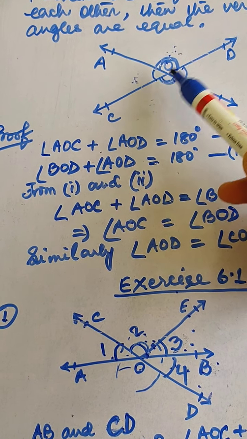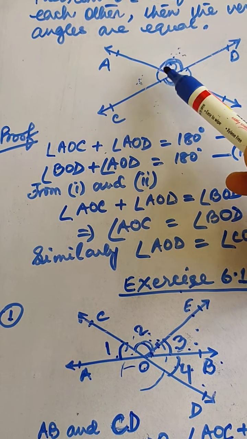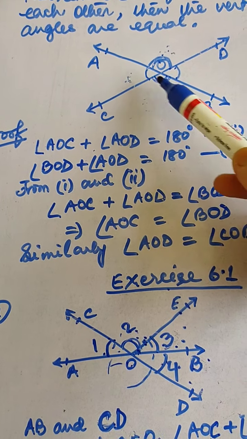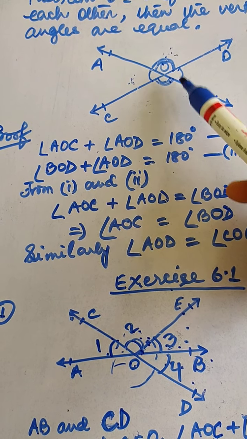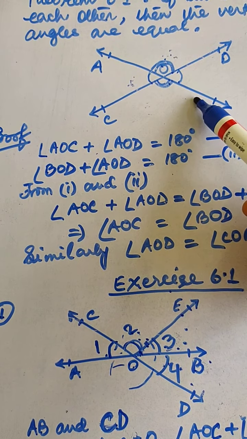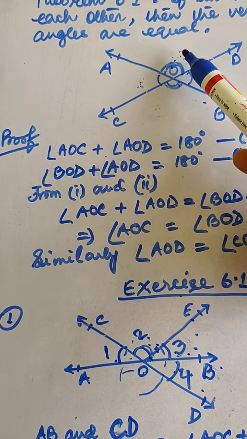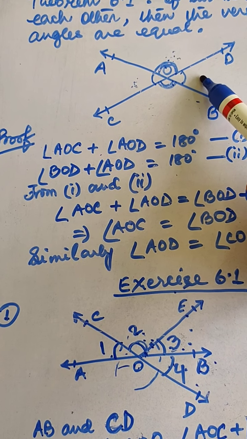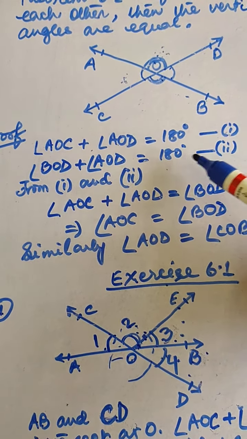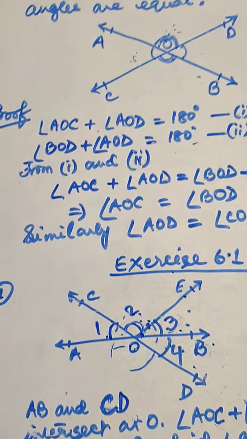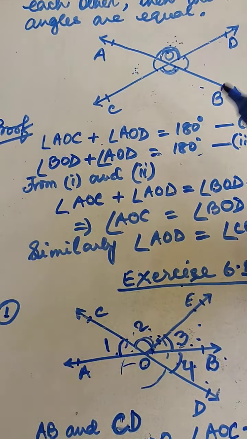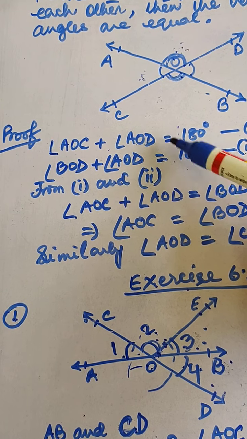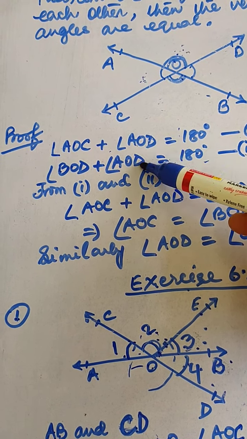Again here you see AB is the line, and OD is the ray standing on AB. So we get angle AOD plus angle BOD equal to 180 degrees. That gives you equation 2. Now you choose two equations in such a way that one angle comes common in both.